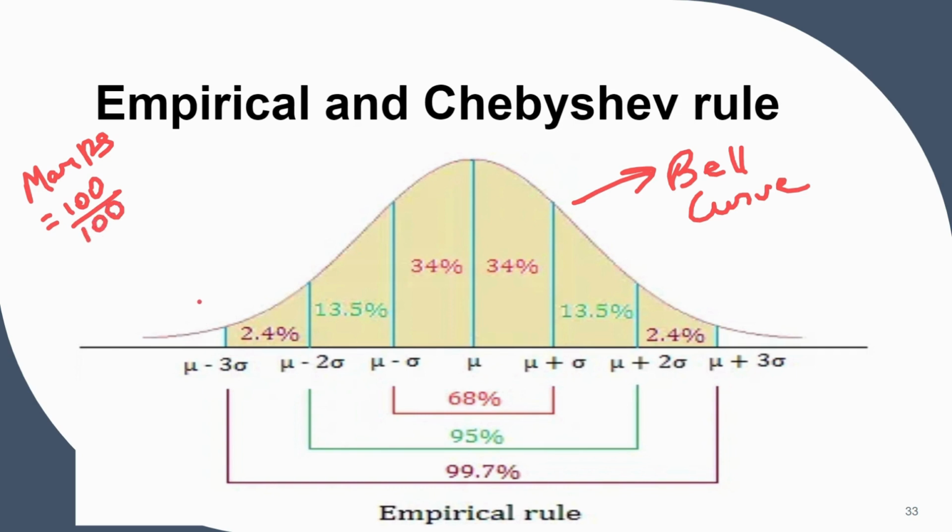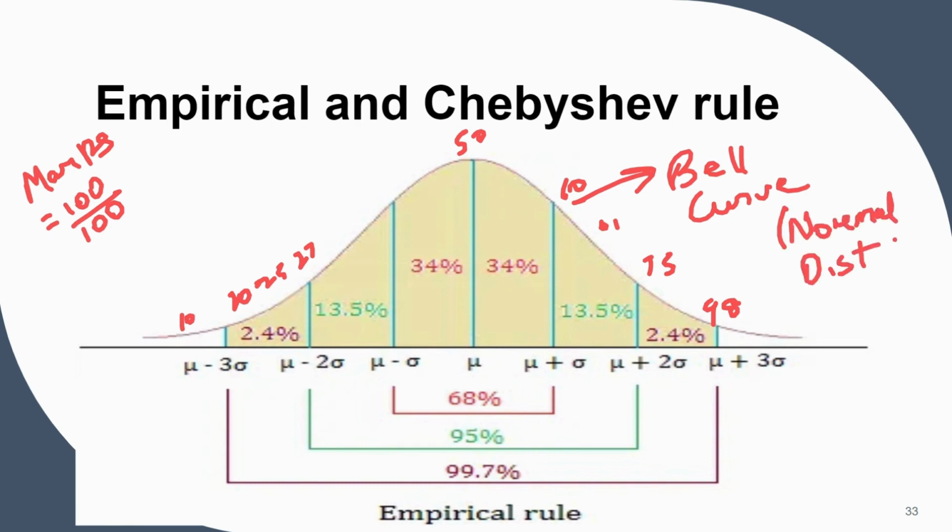So some students have got 10, 20, 25, 27, some have got around 50, some have got 60, 61, 75, 98 and so on. If I collect all the marks of all the students, then I will find that I am getting a bell-shaped curve. So this is called the normal distribution.